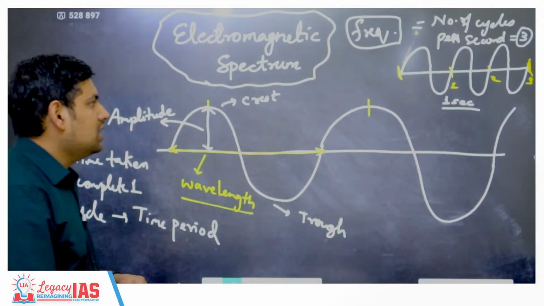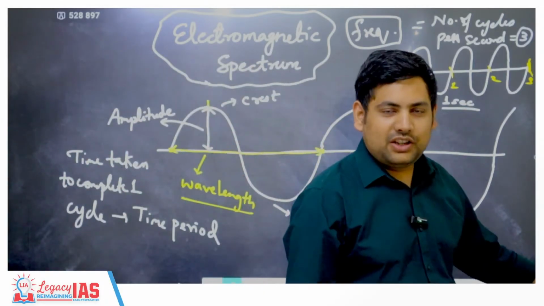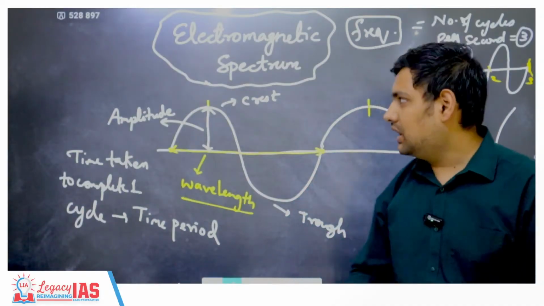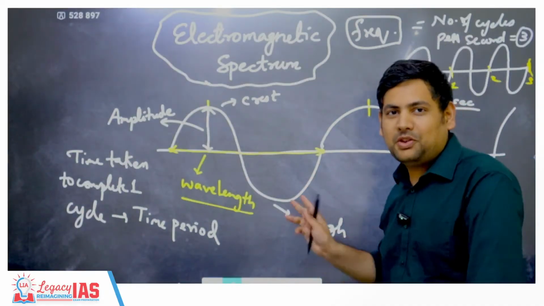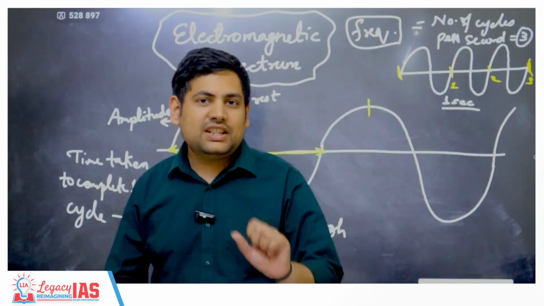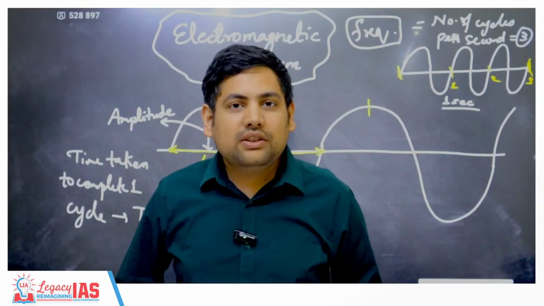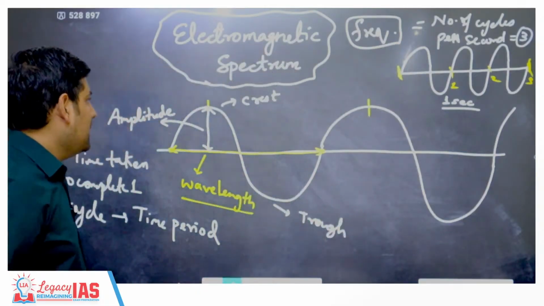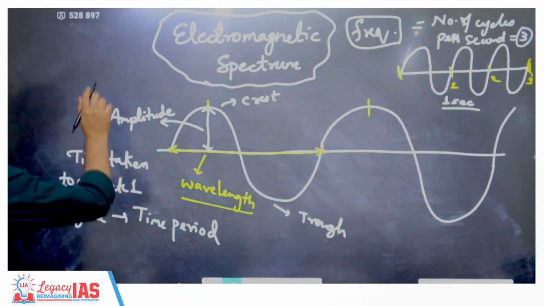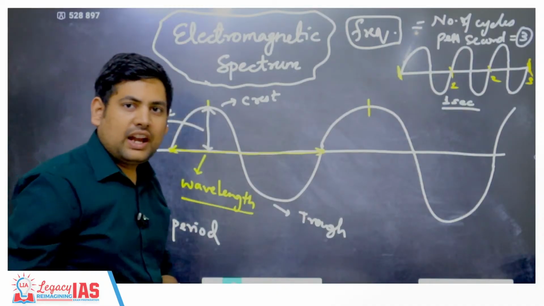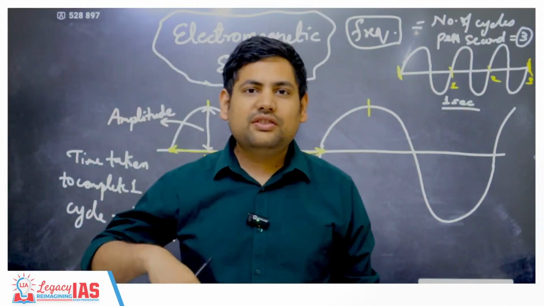Now we'll get to the electromagnetic spectrum, how it works and all the things. One thing before we move forward is you can feel the relation between frequency and wavelength. How? You might have heard that he speaks at a very high frequency.